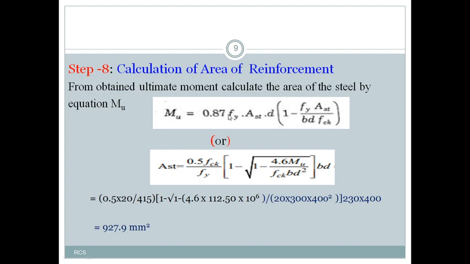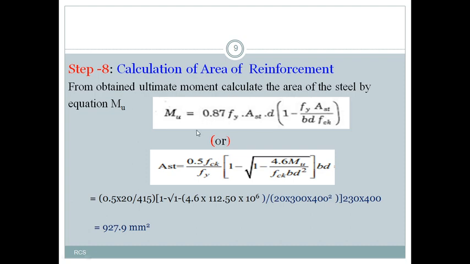And the modification of this formula is this: we can directly calculate Ast equal to 0.5 fck by fy into 1 minus the square root of 1 minus 4.6 Mu by fck b d square, the whole multiplied by b d. What is the difference between these two formulas? I already discussed this when we were designing simply supported singly reinforced beams, so again I will explain here, no problem.